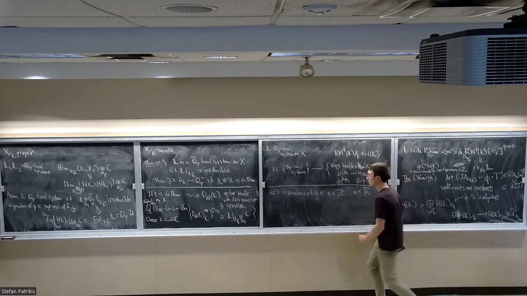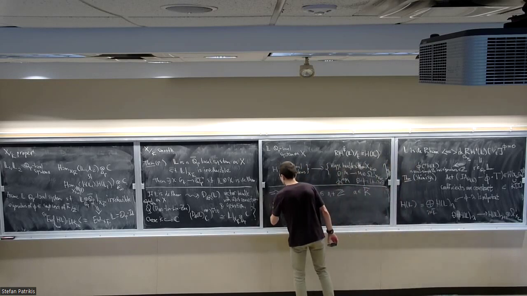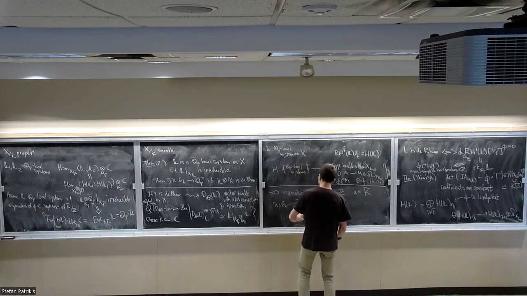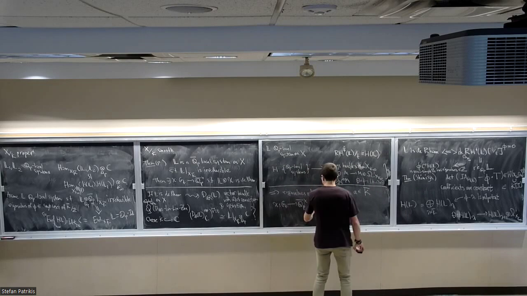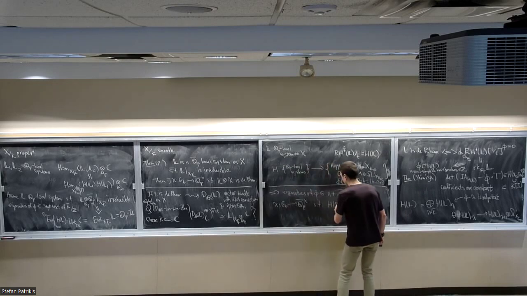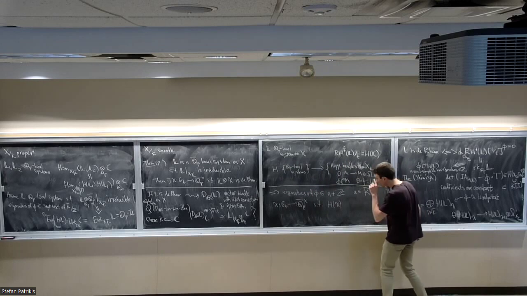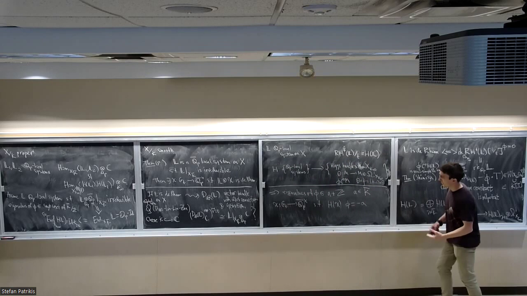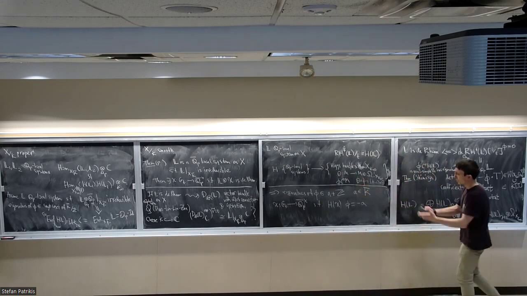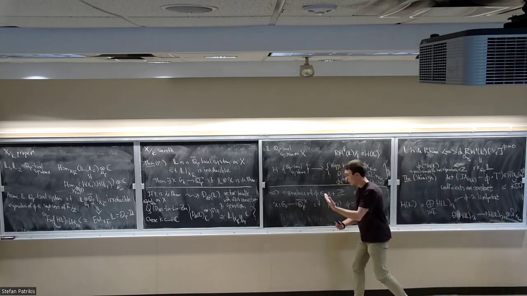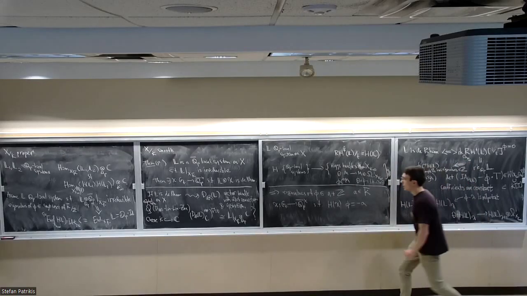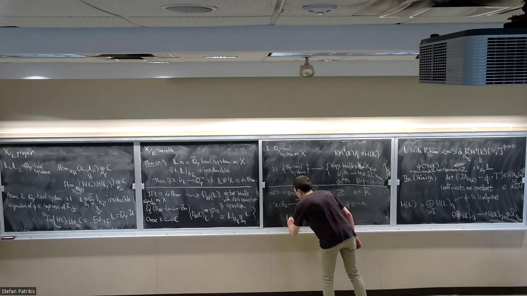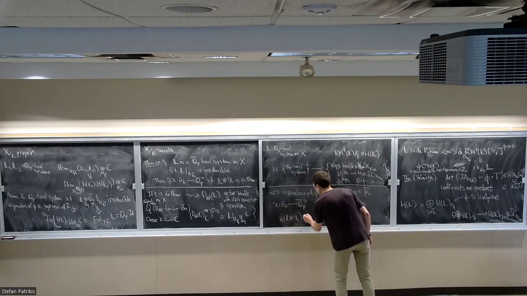And then all that remains is to find, if you take a character chi of the Galois group, this character might take values in Qp bar rather than Qp, but we ignore this detail, such that if I apply this functor H to this character, then here phi would be acting by minus a. So for instance, if a was a p-adic integer which is close enough to 1, this chi could just be a power of the cyclotomic character. Then for the tensor product of L with chi, the eigenvalues of phi here would be integers.